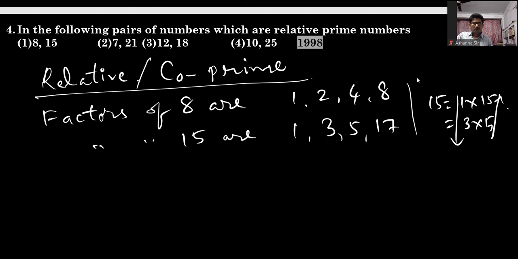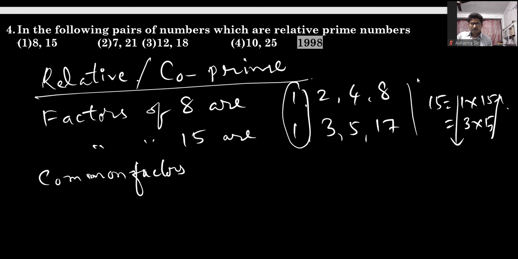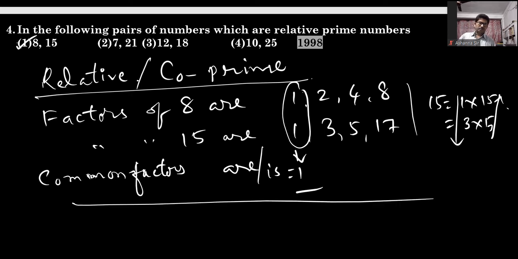So this is the method of finding factors. Common factor is only 1. So that's why 8 and 15 are co-primes or relative primes.